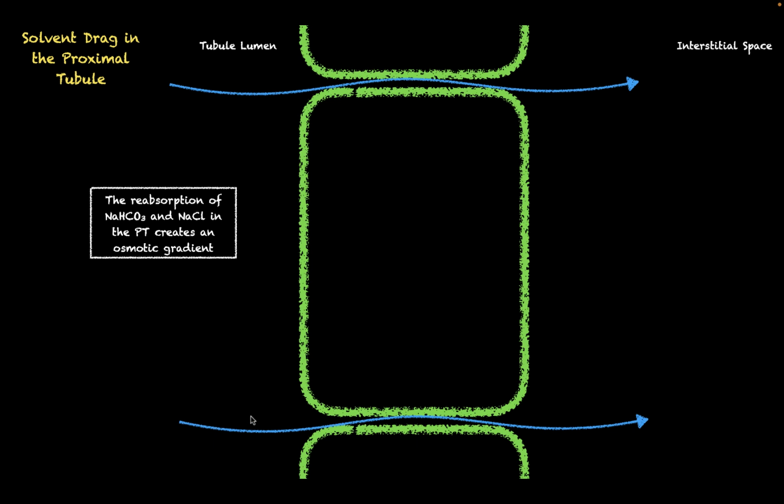Now, as water, the solvent, moves from the tubule into the interstitial space, this is actually going to drag the cations and anions with it. So it drags both chloride and sodium with it. And this is what we call solvent drag. Water, the solvent, is dragging with it both sodium and chloride, allowing sodium and chloride to be reabsorbed. So this is another mechanism in which sodium and chloride are reabsorbed in the proximal tubule.